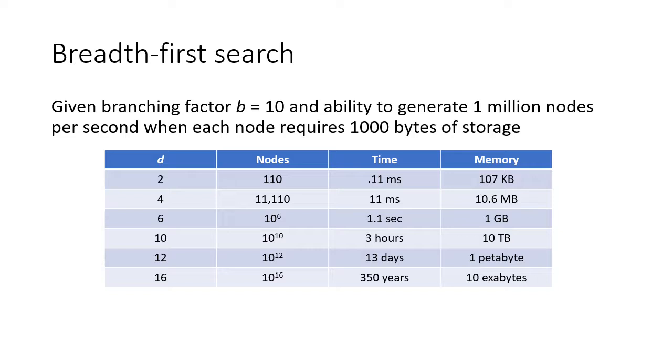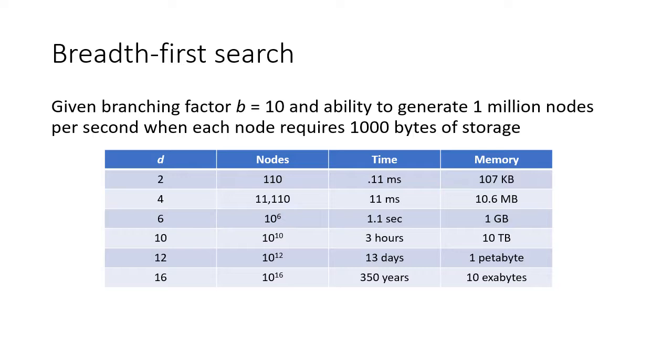If the shallowest solution is at a depth of 12, it takes 13 days and a petabyte of memory. And you can see that if the depth is 16, it takes 350 years under these conditions, and the amount of memory is 10 exabytes.